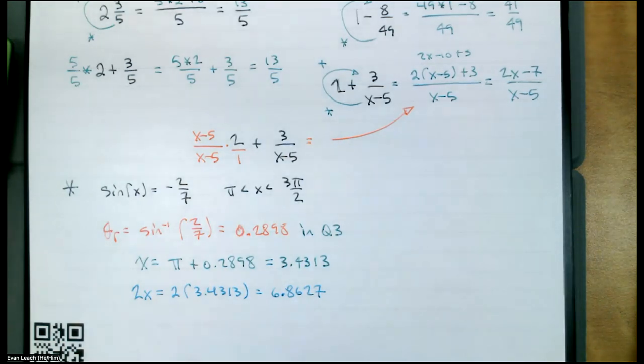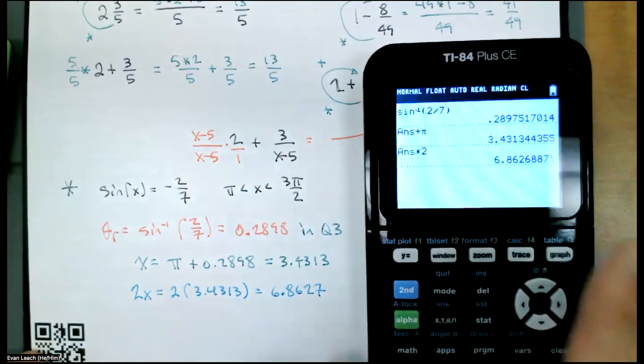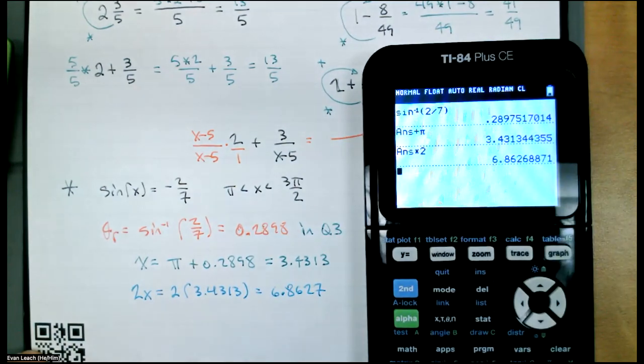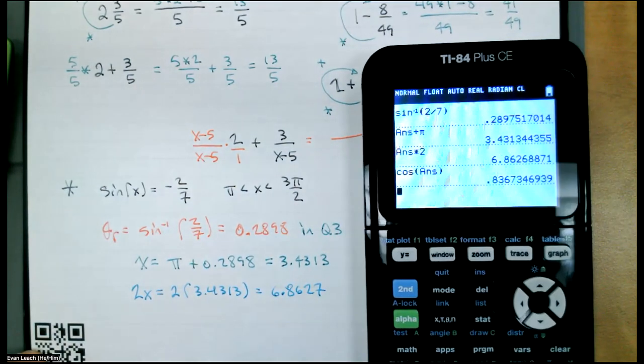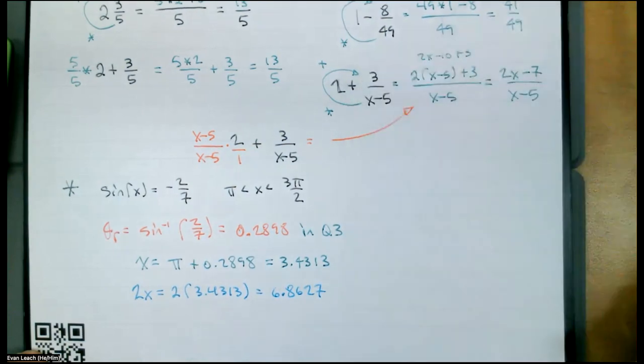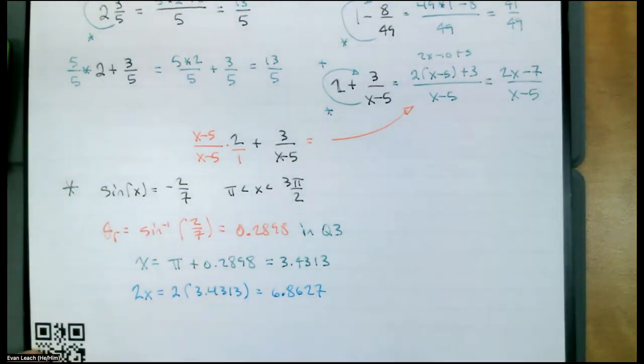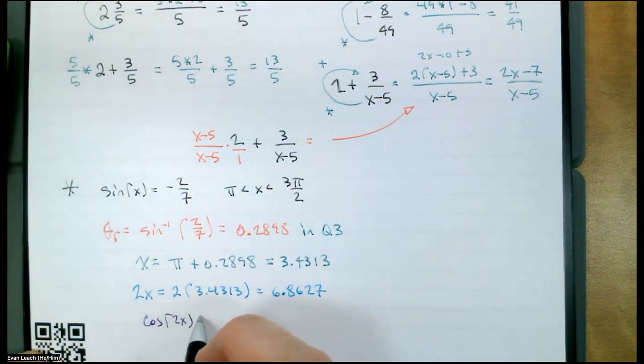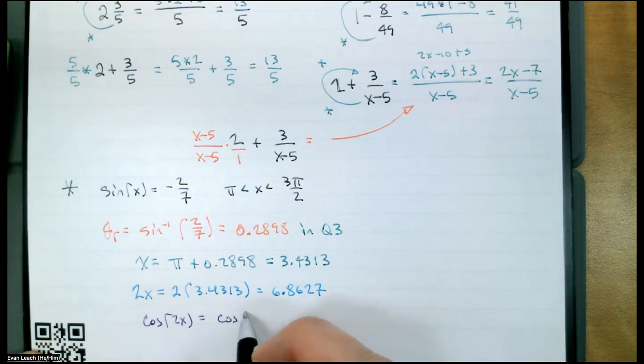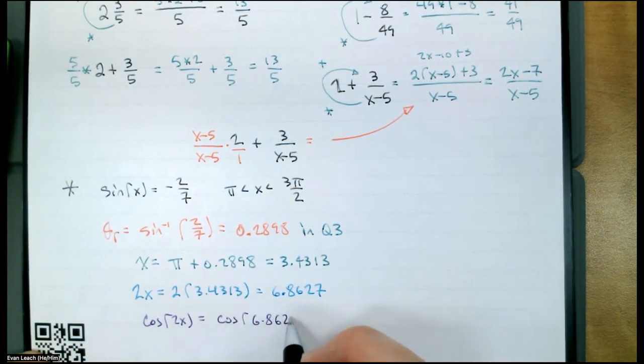But I digress. Now we want the cosine of 2x. So let's just find the cosine of this number. 0.836. So now we could just use the cosine of 2x. Cosine of 6.8627.